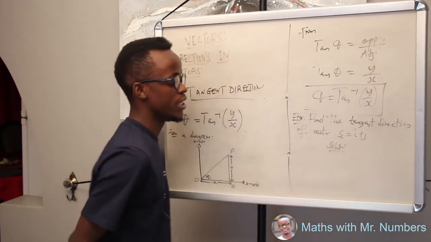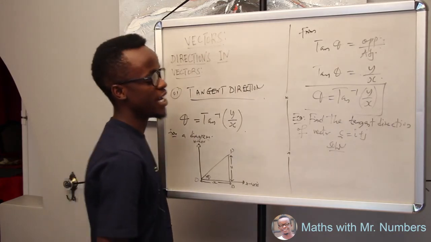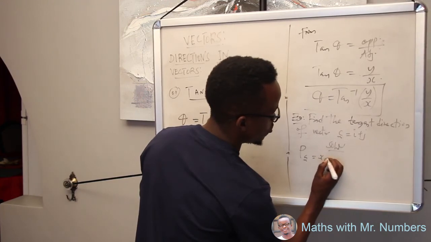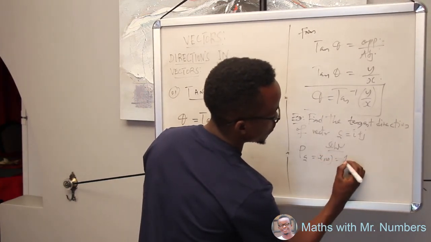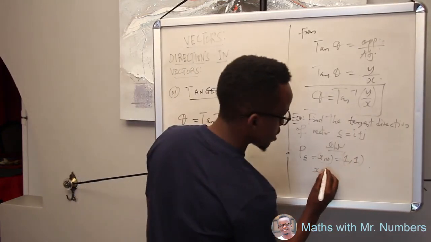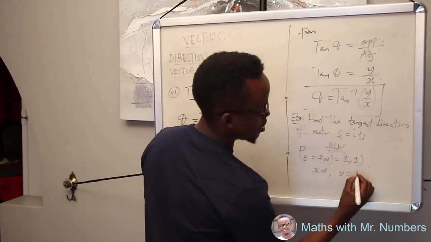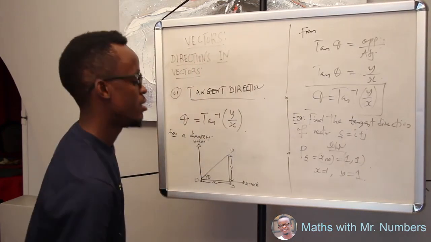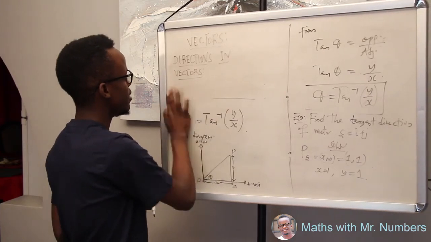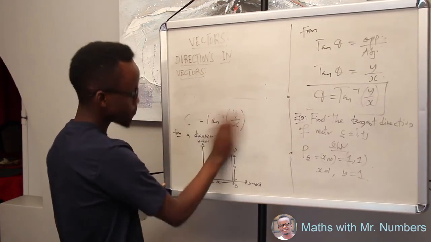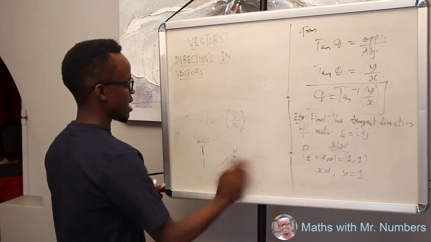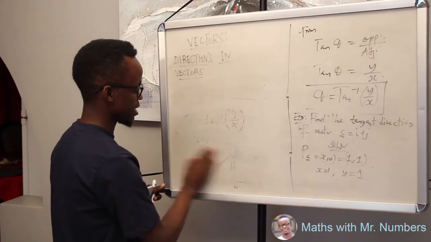Solution. First of all, because you need x and y, you have to find the position of vector c, which is in the form x comma y, giving 1 comma 1. Therefore, the value of x is 1 and the value of y is 1. Having the values of x and y, we can find the angle between the positive x-axis and the vector itself.